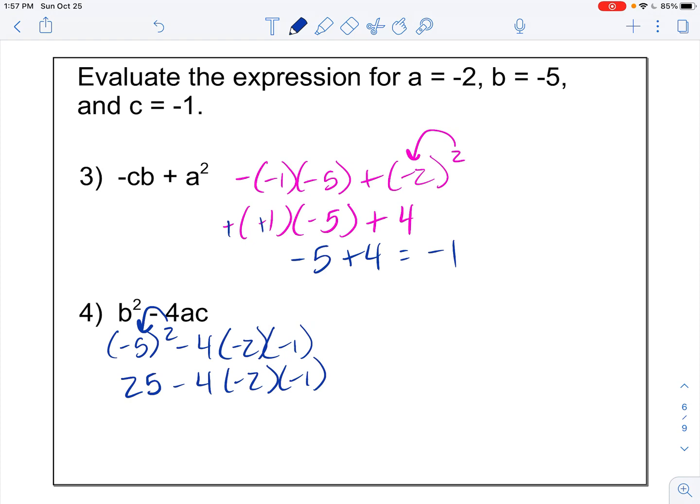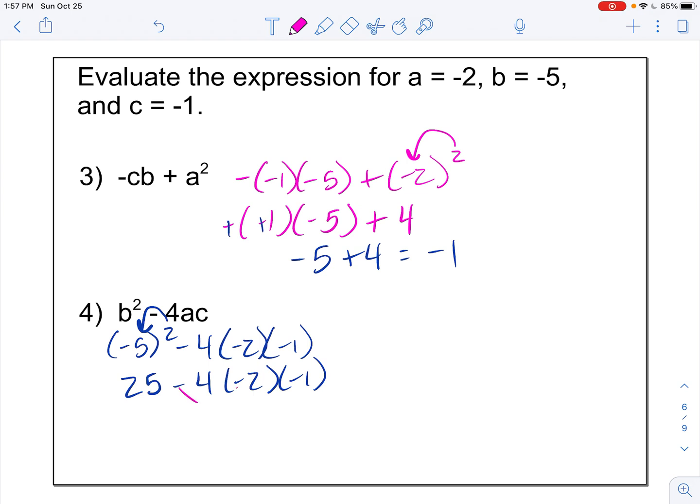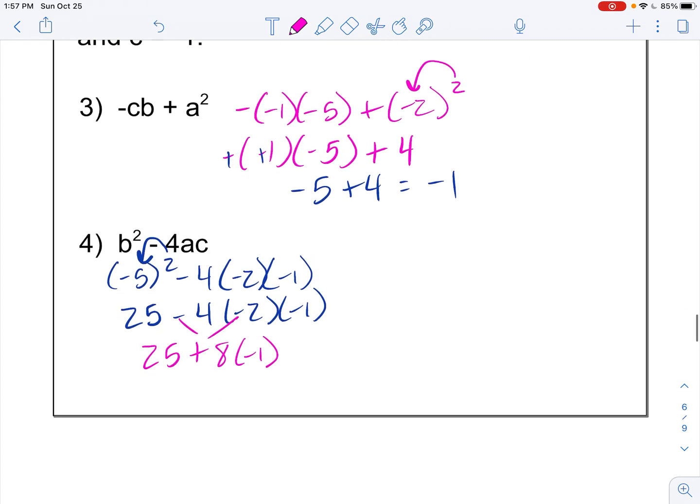Remember, when you're multiplying, use the sign in front of the number. So this is actually a negative 4 times a negative 2. That makes it a positive 8 times a negative 1, and I'm just going to bring the 25 down. I'm still not done, because I have this positive 8 times a negative 1, so that's actually a negative 8. So I really have 25 minus 8, and that is 17.